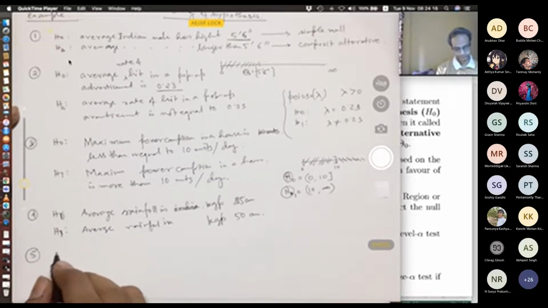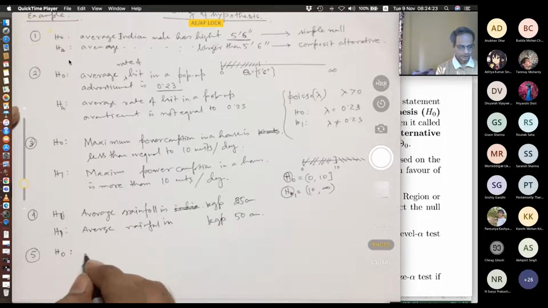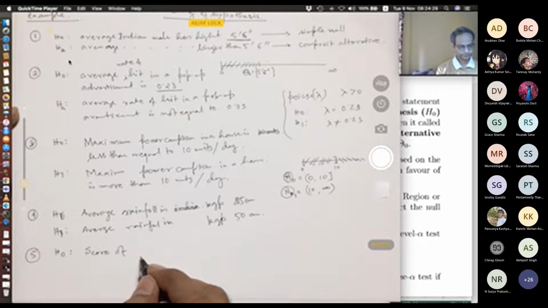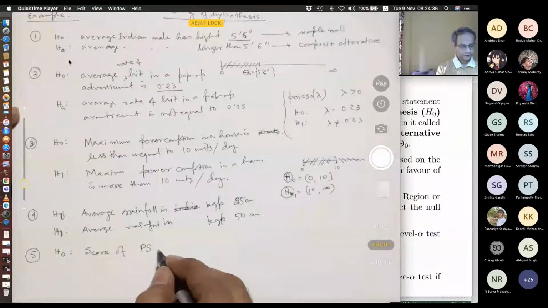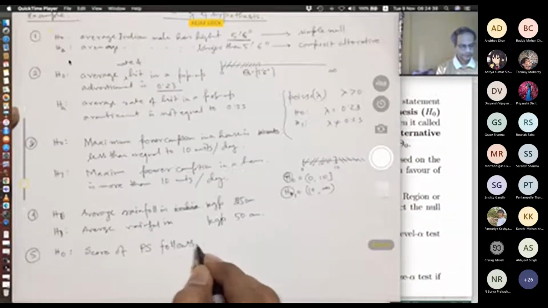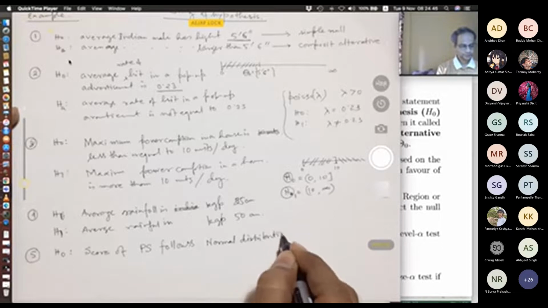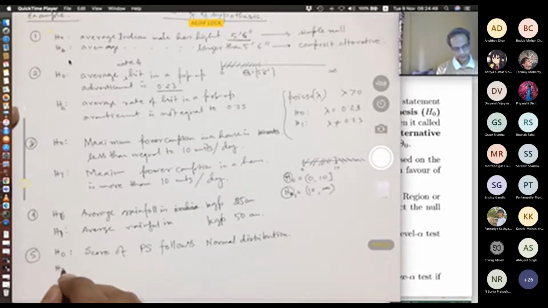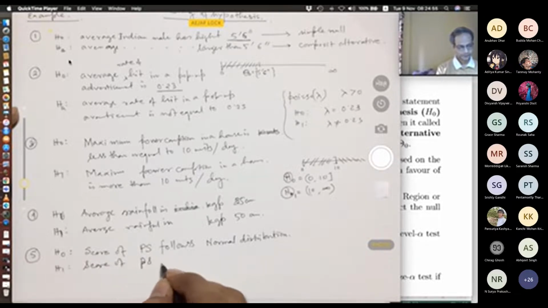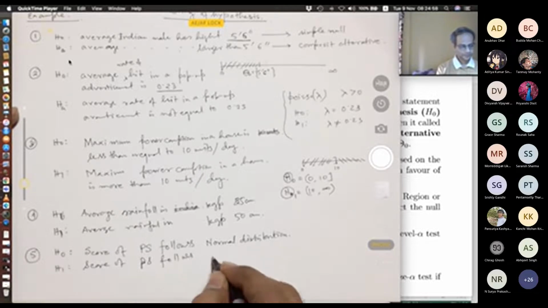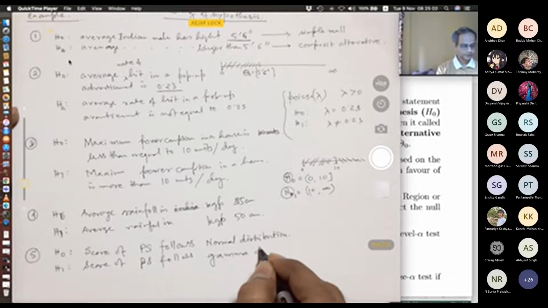Like this: H naught, the score of the probability statistics course follows a normal distribution; alternative, the score of the probability statistics course follows a gamma distribution.